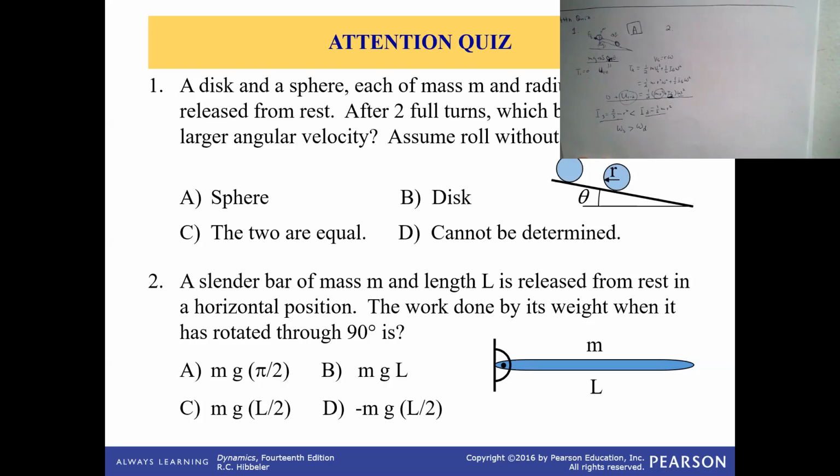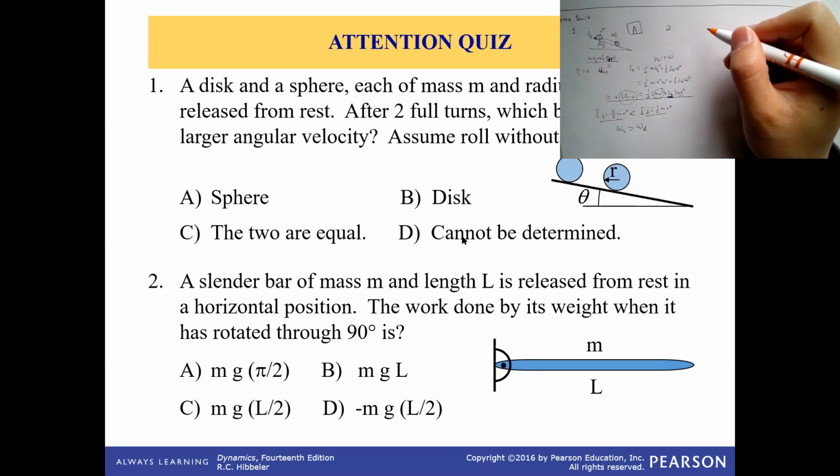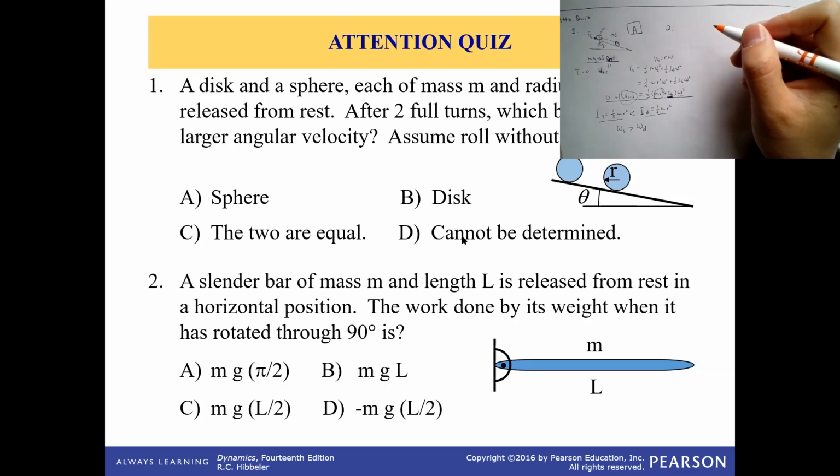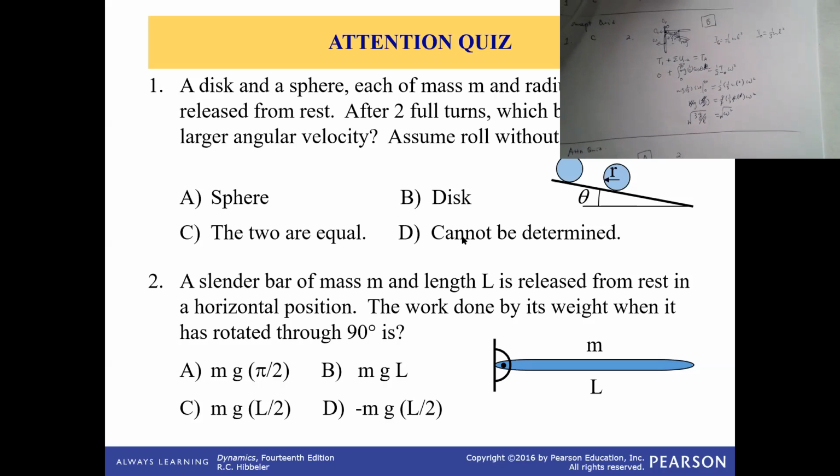For the second one here, it says a slender bar of mass m and length l is released from rest from the horizontal position. The work done by its weight when it has rotated through 90 degrees is? We kind of did that on the first one, on the second concept quiz over there.